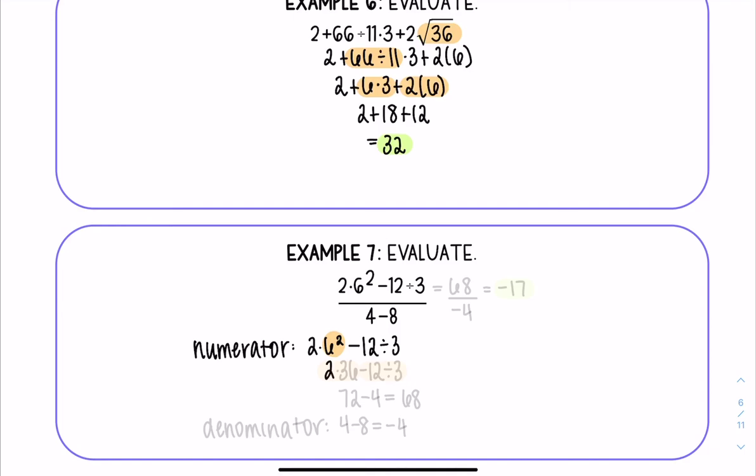So that's 2 times 36 minus 12 divided by 3. And we can do our multiplication and division. So 2 times 36 and negative 12 divided by 3. 2 times 36 is 72, and negative 12 divided by 3 is negative 4, which gives me 68.